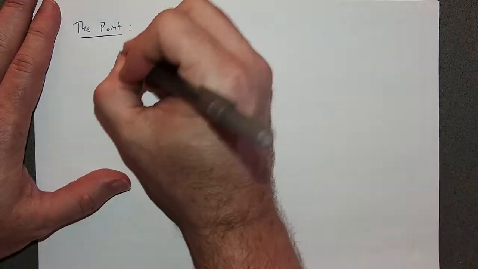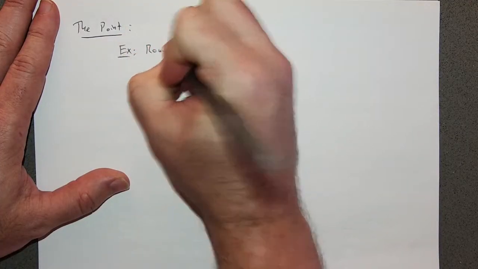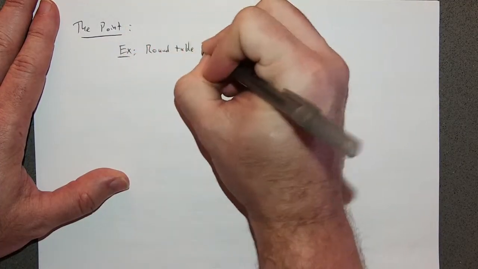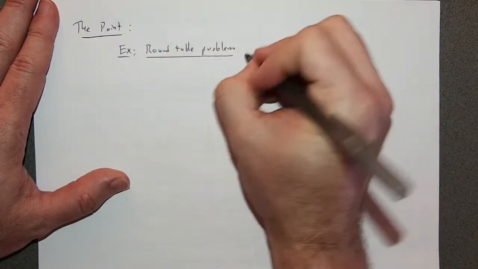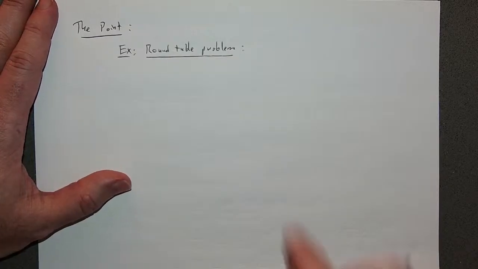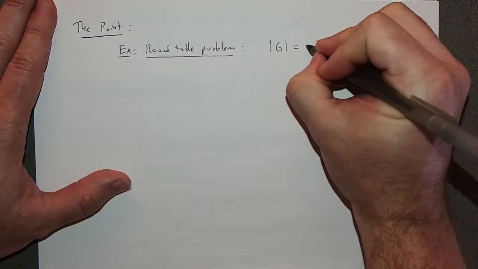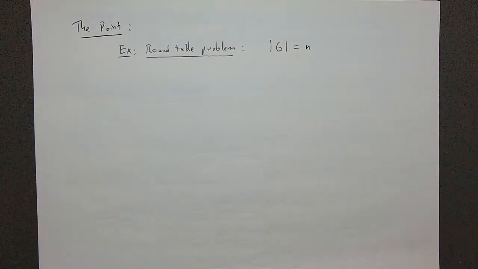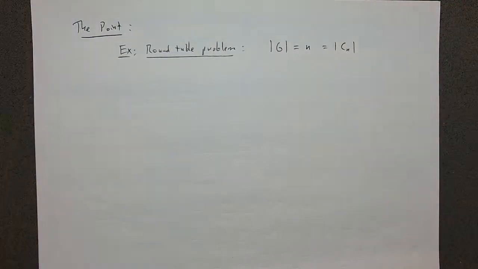Okay, so example, round table problem. In the round table problem, remember how we had this stated. So the size of the group in the round table problem is n, because this is the cyclic group on n vertices.